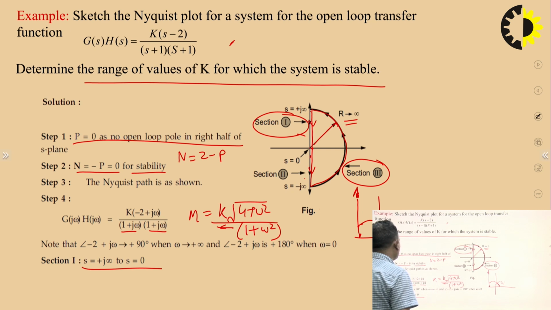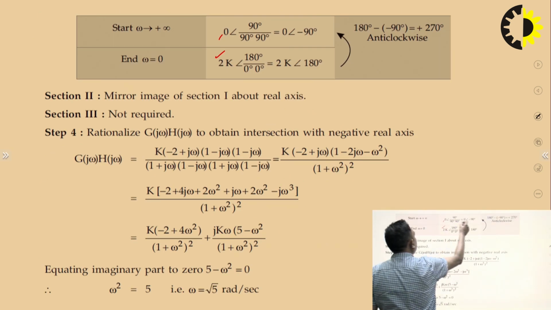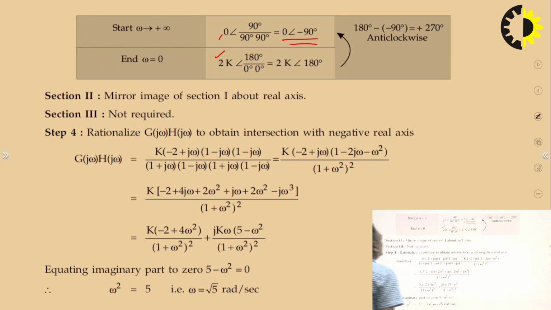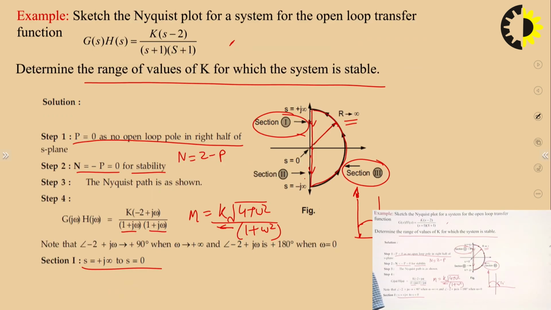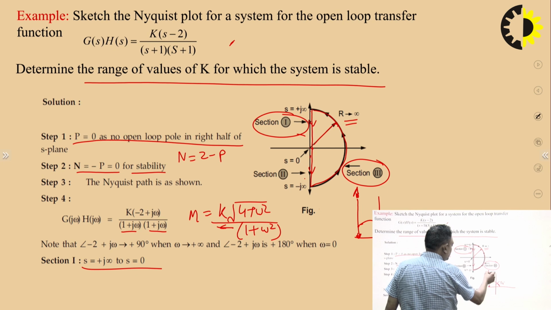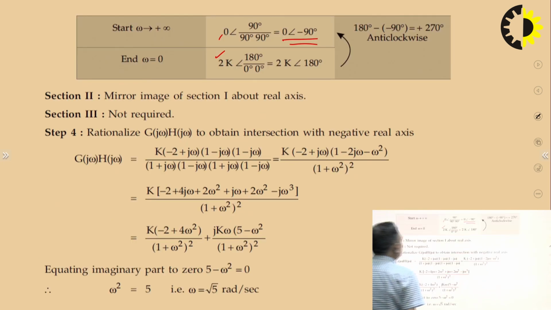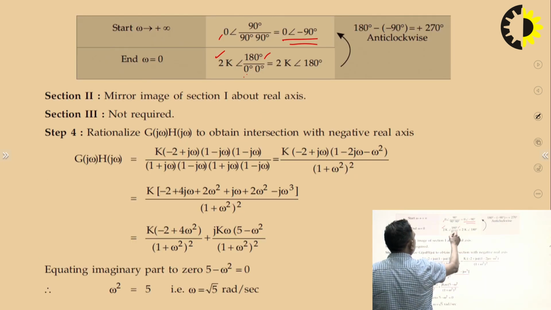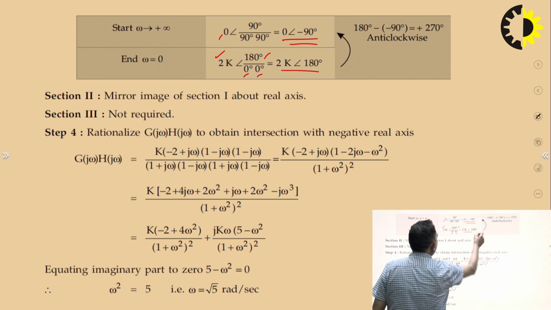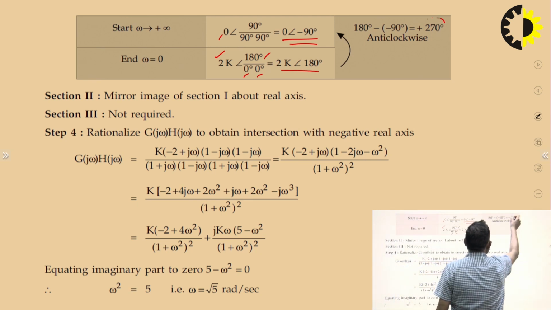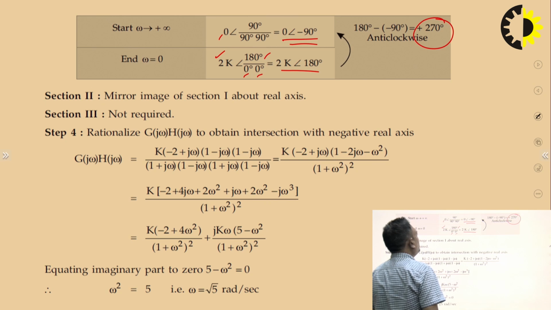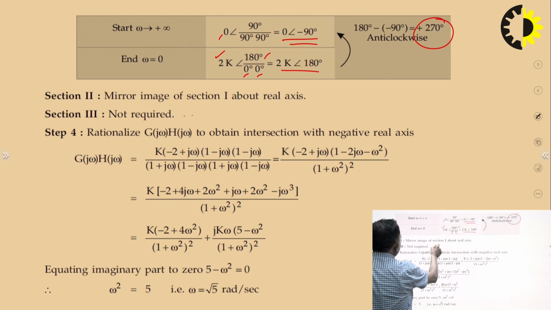It is important to note. So this is 90, 90, 90, giving 0 minus 90. Similarly for omega equals to 0: minus 2 plus j0 is the point minus 2, so this angle is 180 degrees. So here 180 degrees, 0 degrees, 0 degrees. So 2k with angle 180 degrees. The anticlockwise rotation will be anticlockwise plus 270. Section 2 is the mirror image of section 1 about the real axis. Section 3 is not required as it is an origin.